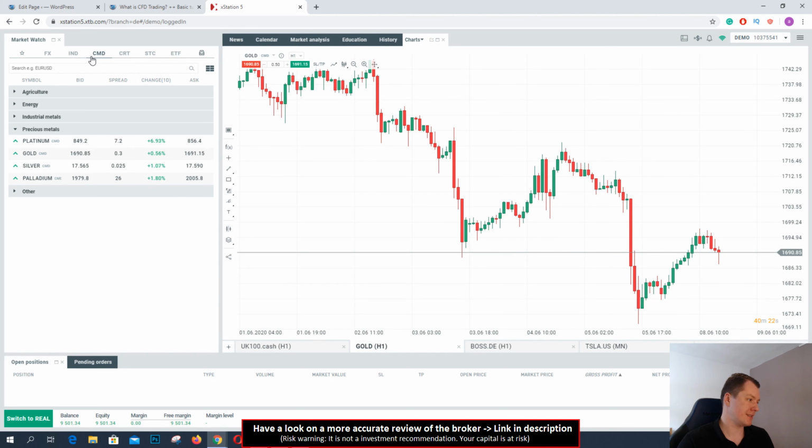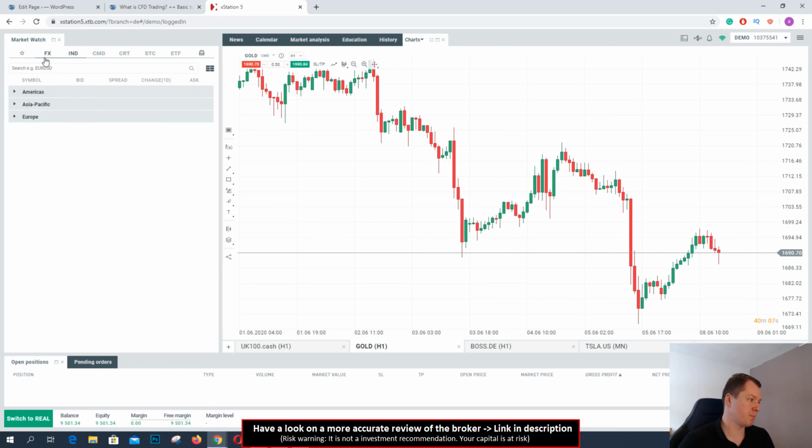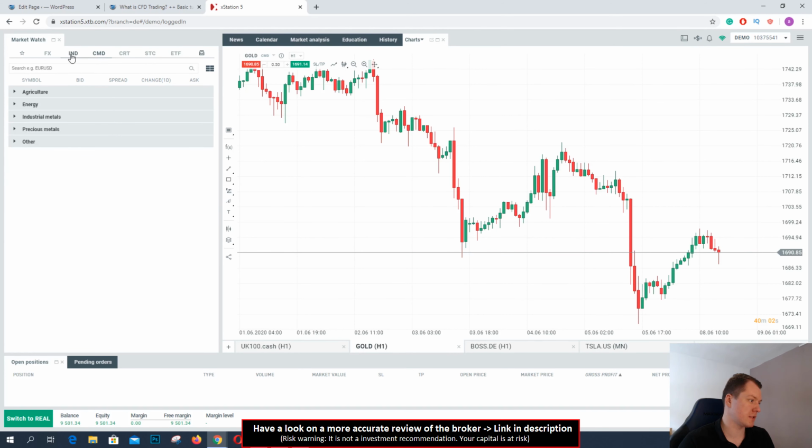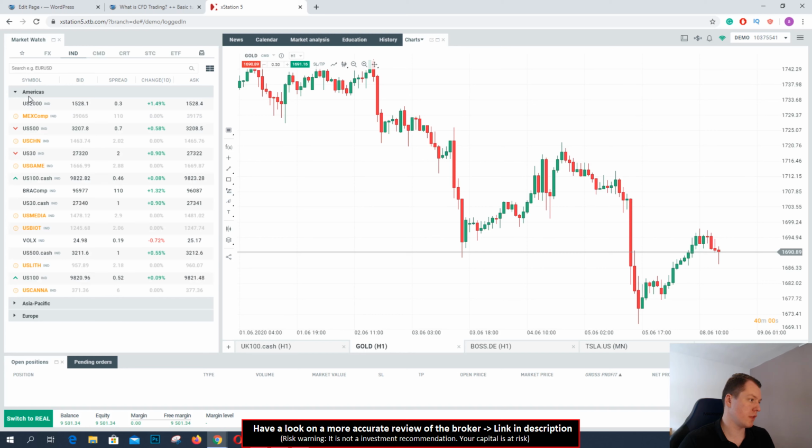You can trade CFDs on nearly any asset: forex, indices, cryptocurrencies, stocks, bonds, and some more. CFDs are very multifunctional, and you see here I can search for an asset like stocks, ETFs, and I want to show you that on the indices.